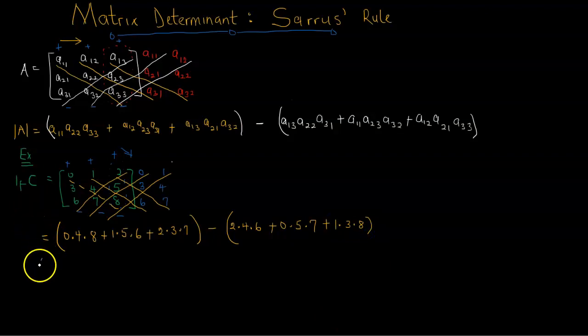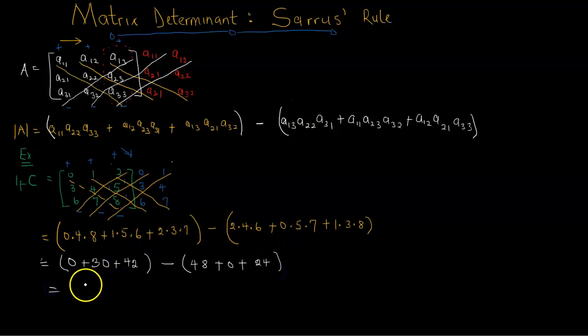So 0 times 4 times 8 is just 0. 1 times 5 times 6 is a positive 30. 2 times 3 is 6. 6 times 7 is 42. So in brackets, minus 2 times 4 is 8. 8 times 6 is 48. Plus 0 times 5 times 7 is just 0. Plus 1 times 3 times 8 is 24.